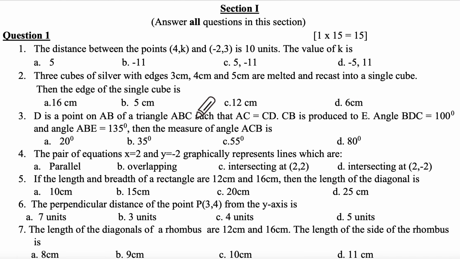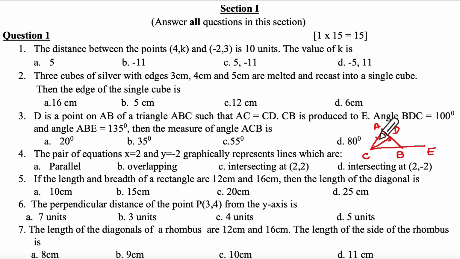D is the point on AB such that AC equal to CD, CB produced to E, angle BDC is 100. We will have to draw the diagram and check. CB is produced to E, and this is, let us say, your A. D is the point on AB such that AC equal to CD.